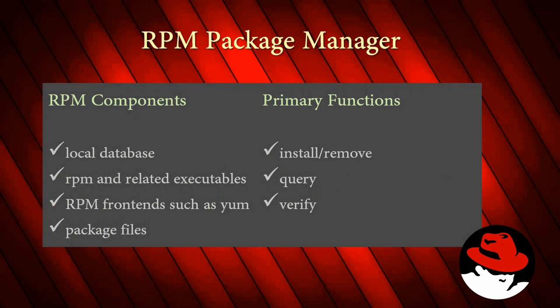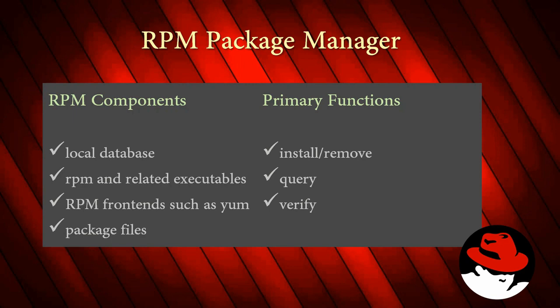The Red Hat Package Manager is a tool similar to the software installation tools in Windows and Mac. Here you can configure which software is to be installed or removed. You can query various things, and you can verify the package management. It handles distribution, installation, upgrading, and removal of software on Red Hat Enterprise Linux.